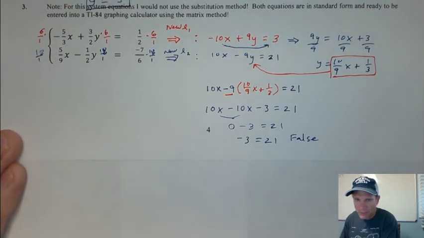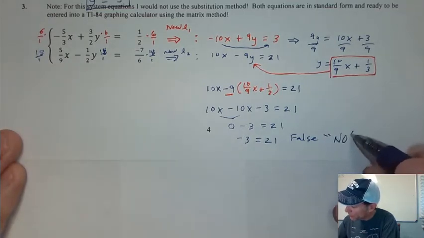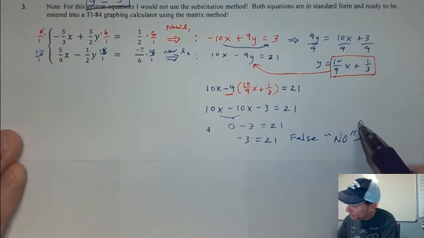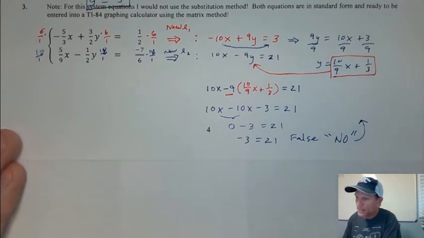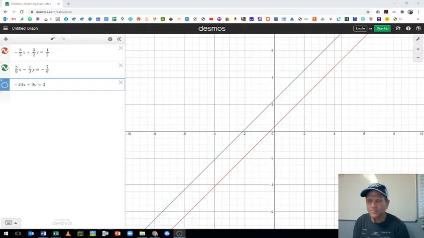Okay. Now, the word I kind of associate with false is the word no. Like, no, that doesn't work. And that leads me to think, okay, which type of my 3 cases is this? And if we take a look at Desmos here, we see that the lines are parallel.